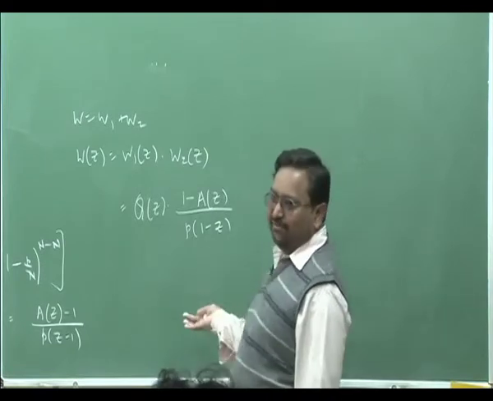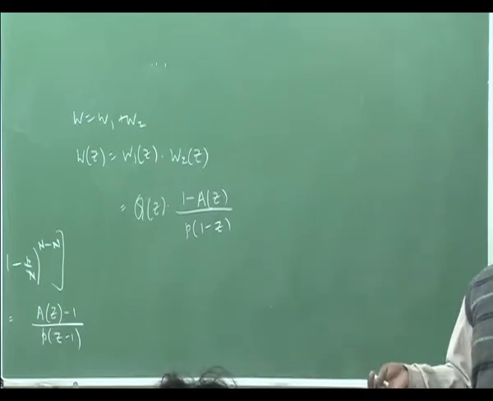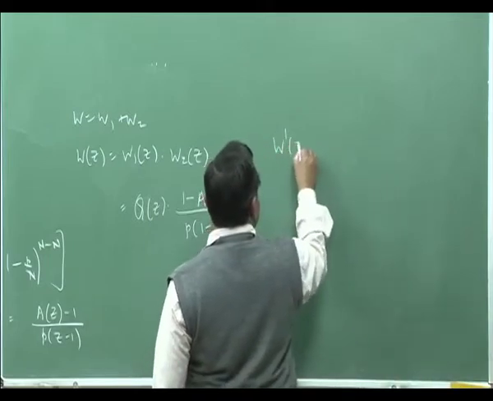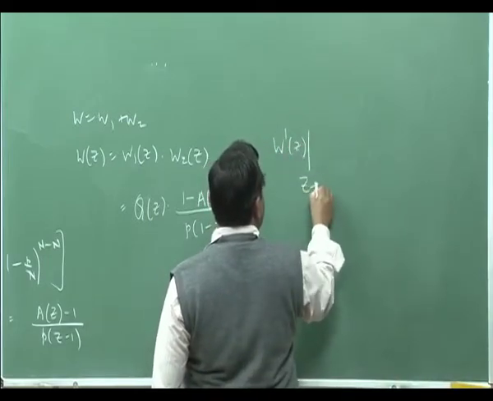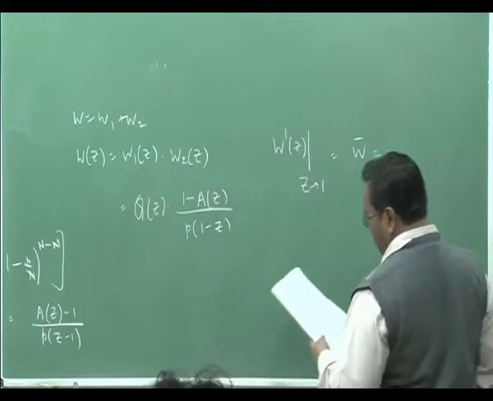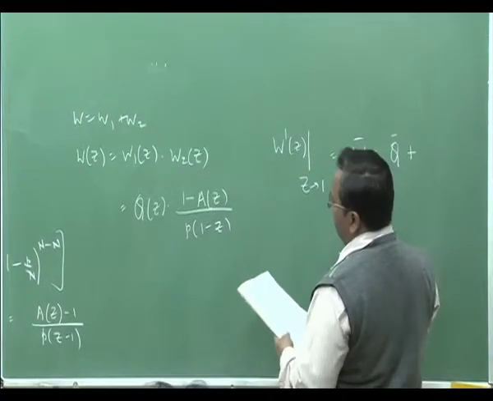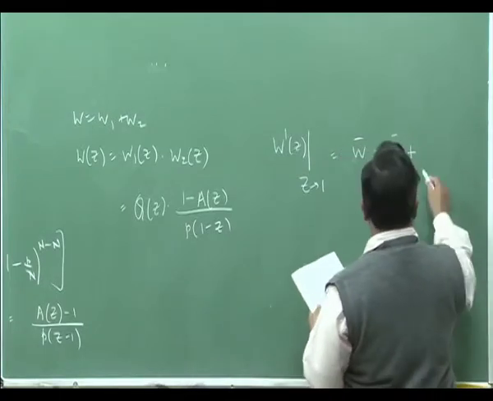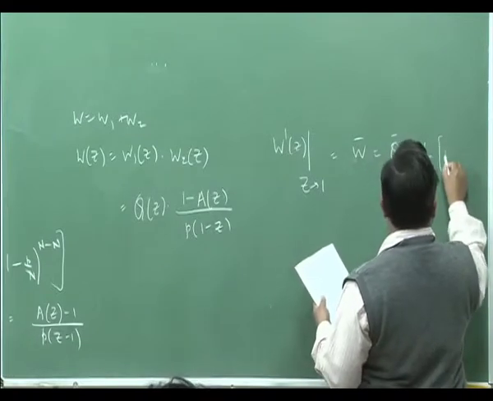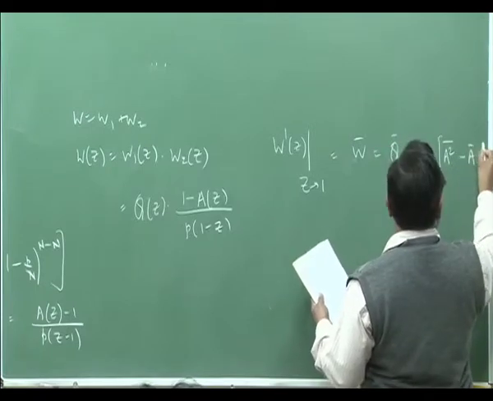You take the derivative of this and make z is equal to 1, that will give you the mean value of W bar. So you take that thing, so this value which you will get is nothing but Q bar plus second moment around 0 and first moment around 0.